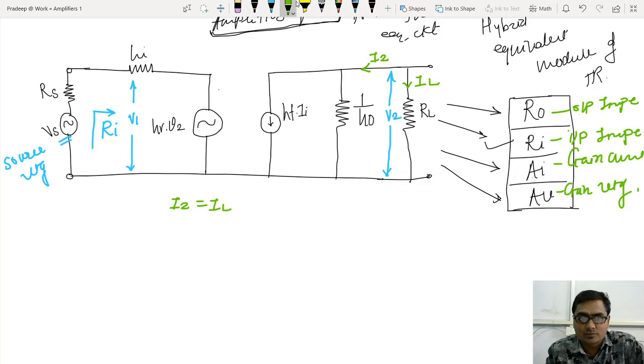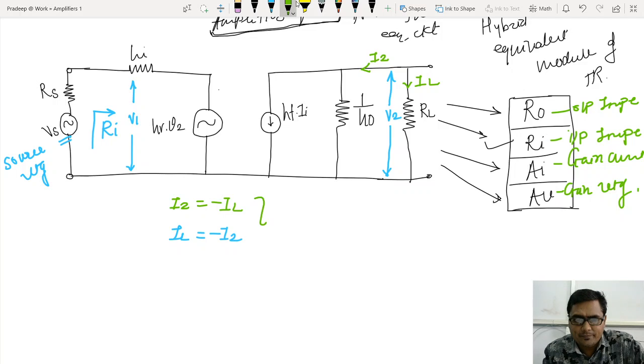It means I need to write I2 is equal to minus IL, or IL is equal to minus I2. Either I2 is equal to minus IL or IL is equal to minus I2.